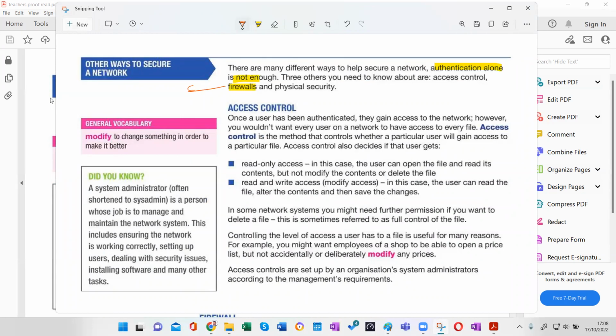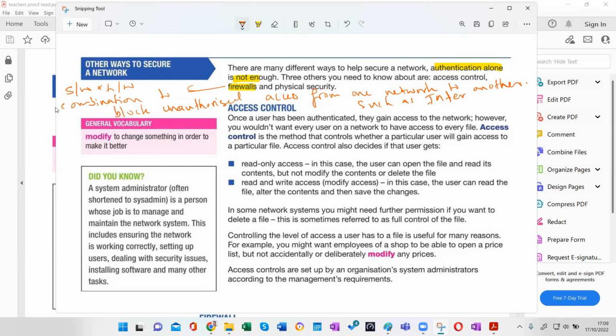I will write here. Firewall is a software and hardware combination to block unauthorized access from one network to another, such as from internet to LAN.